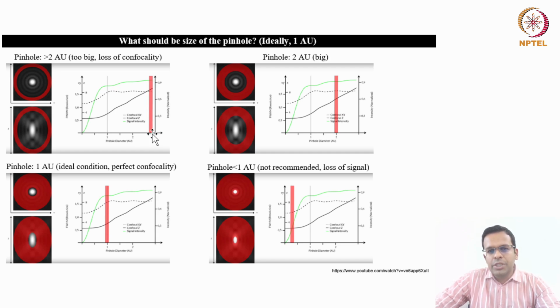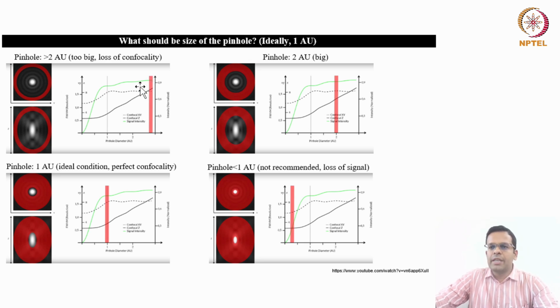At this position, if you open your pinhole to this size, greater than 2 Airy units, then you will collect the maximum fluorescence intensity from the sample. The sample will be bright.